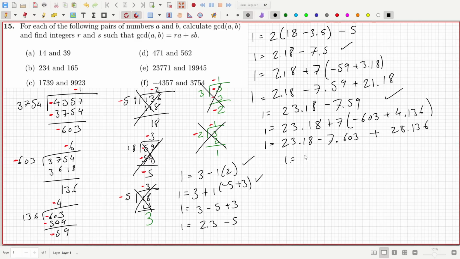So it's 1 equals 28 times 130. No, something's gone a bit wrong there. Has it? I've replaced the 59 with 603 minus 4 times 136.